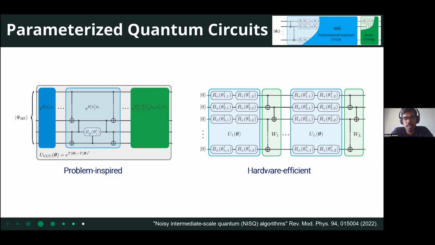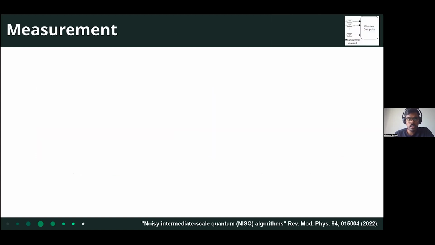Problems like barren plateaus and such are there, but you can run them. There are different research areas where people are trying to understand ways to actually build these more efficiently. Okay, so that's the circuit part.